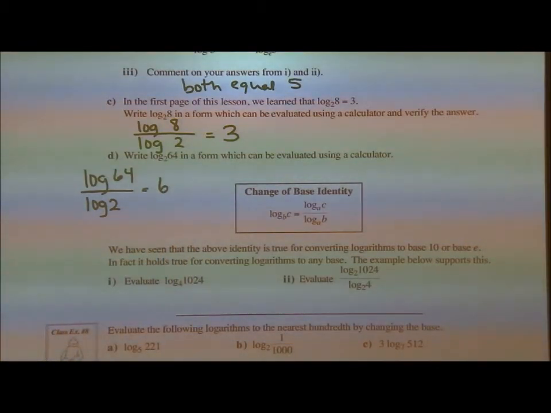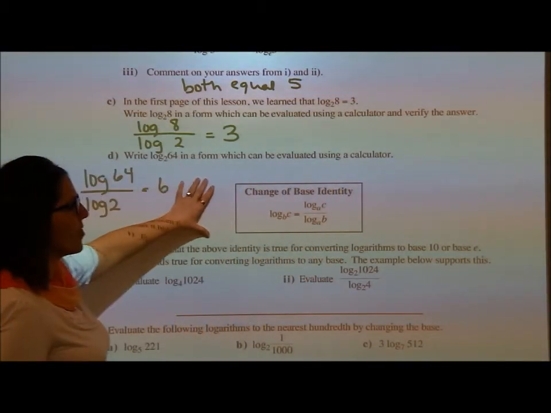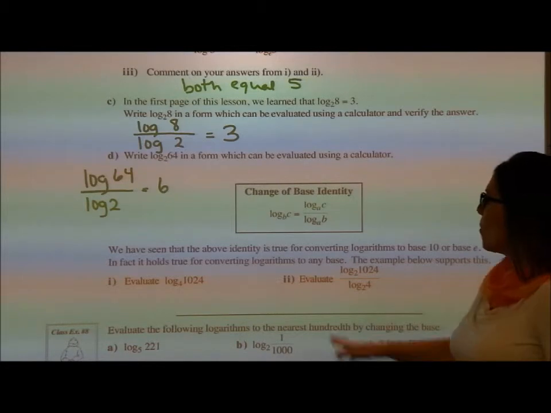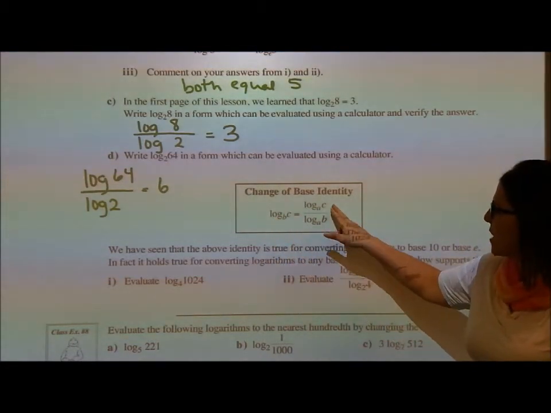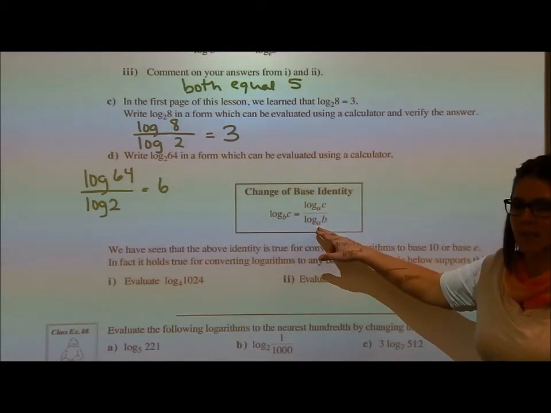Okay. So this gives us the change of base identity. This is actually on our formula sheet. It doesn't say change of base identity, but log base b of c can be written as log c divided by log b with another common base.